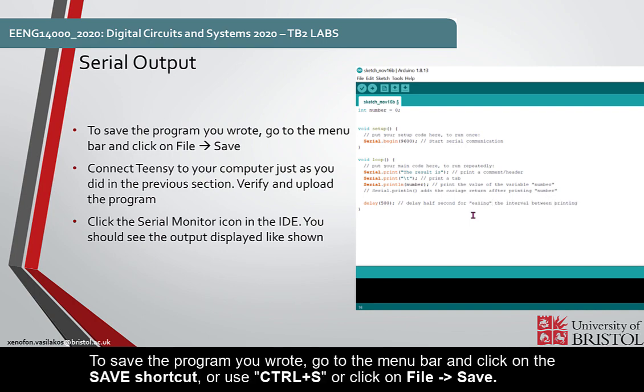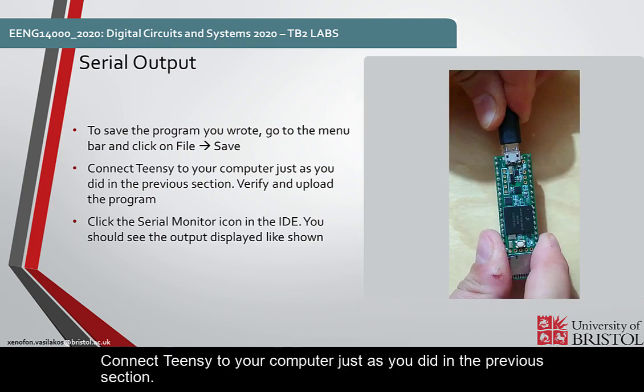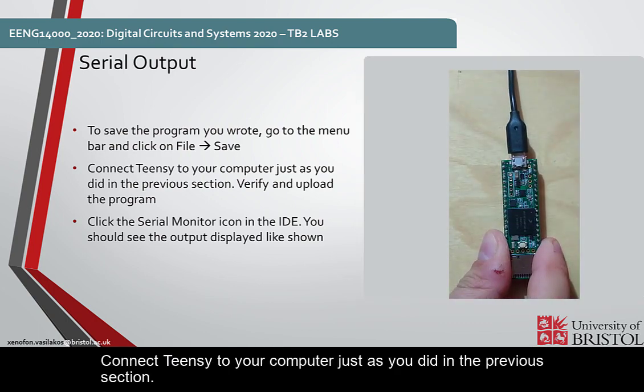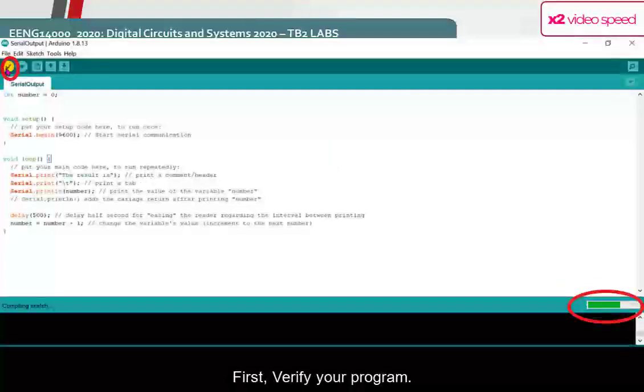To save the program you wrote, go to the menu bar and click on the Save shortcut or Ctrl+S or File, Save. Connect Teensy to your computer. First, verify your program.